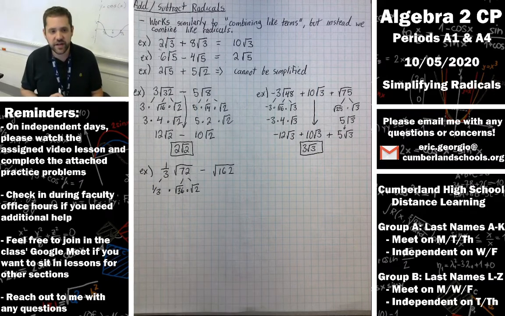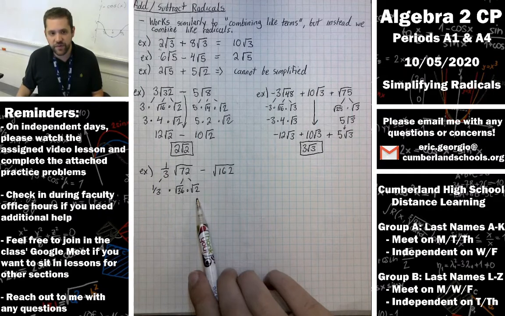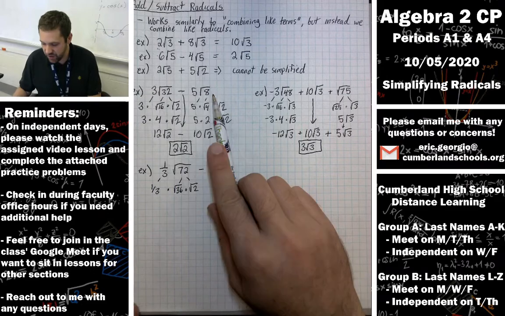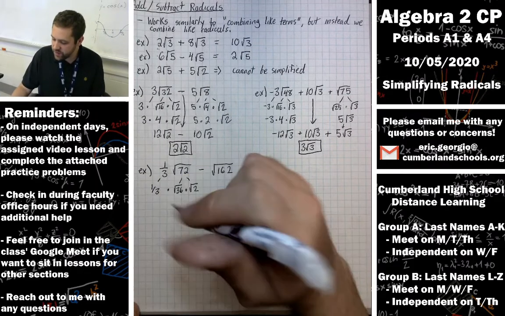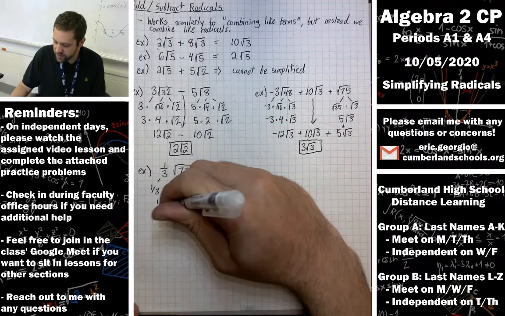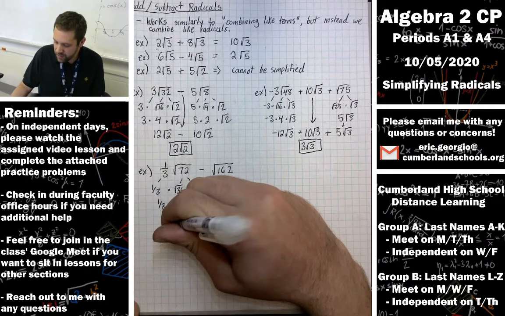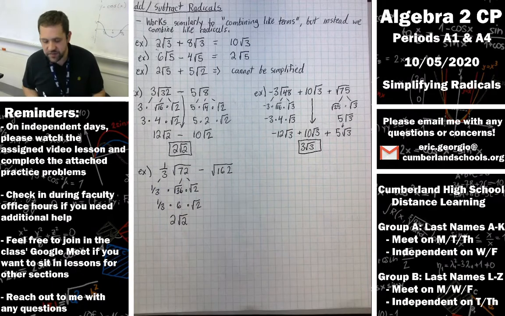But the square root of 36 will result in the least amount of work. If you did the square root of 9 times the square root of 8, well, now you're left with the square root of 8 that you have to break down again, as you saw up here, right? So the square root of 36 is 6, so I get 1/3 times 6 times the square root of 2. Well, 1/3 of 6 is 2, so that whole expression simplifies down to 2 rad 2, right?